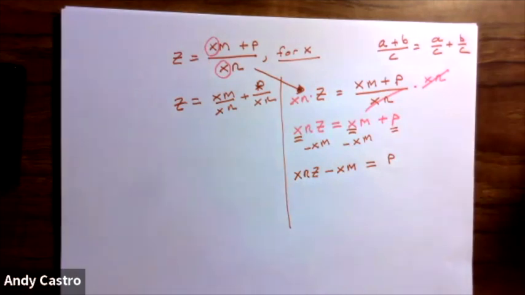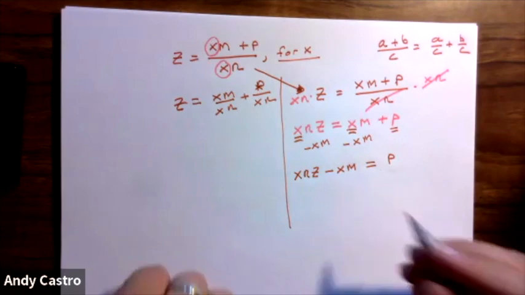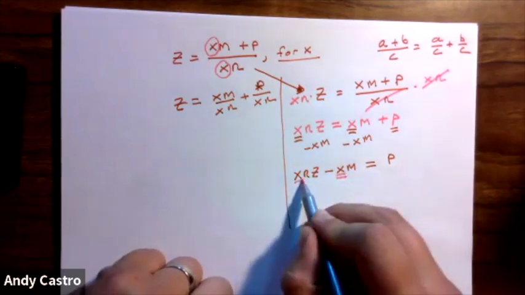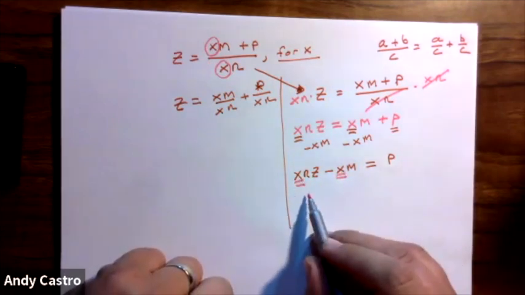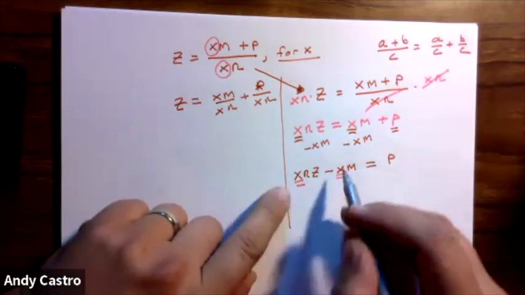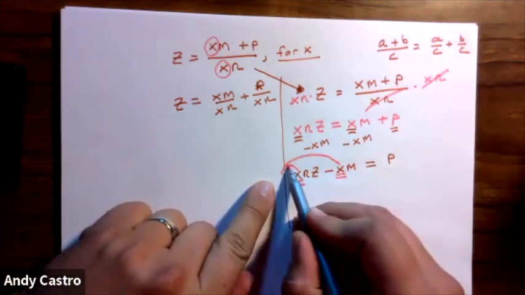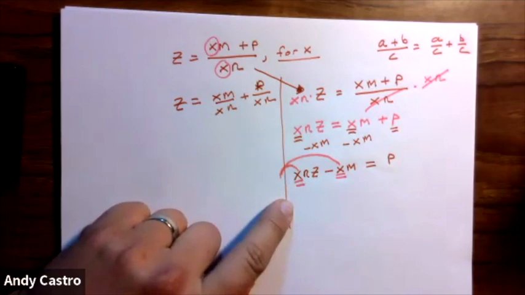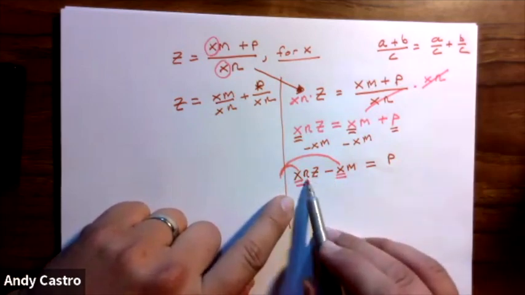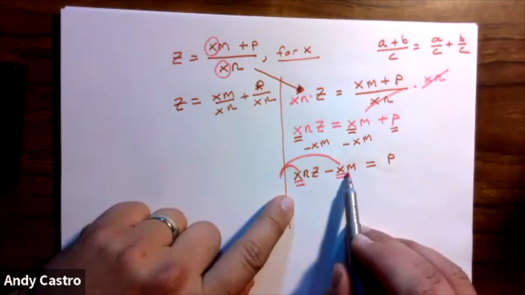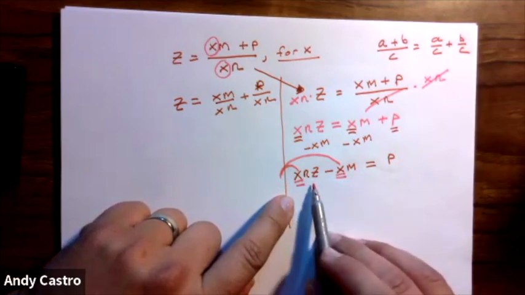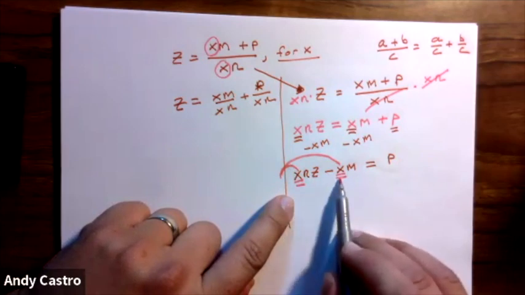Now, the reason that I did that is that x is a factor in each one of these terms, meaning that I can pull out the common factor. I don't have any other common factor. This term does not have an n, this term does not have a z, and this term does not have an m, but they both have an x.